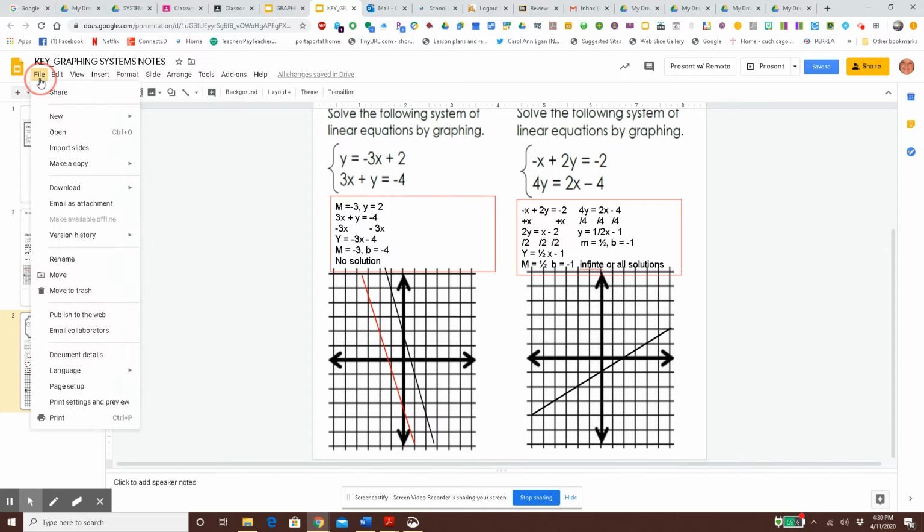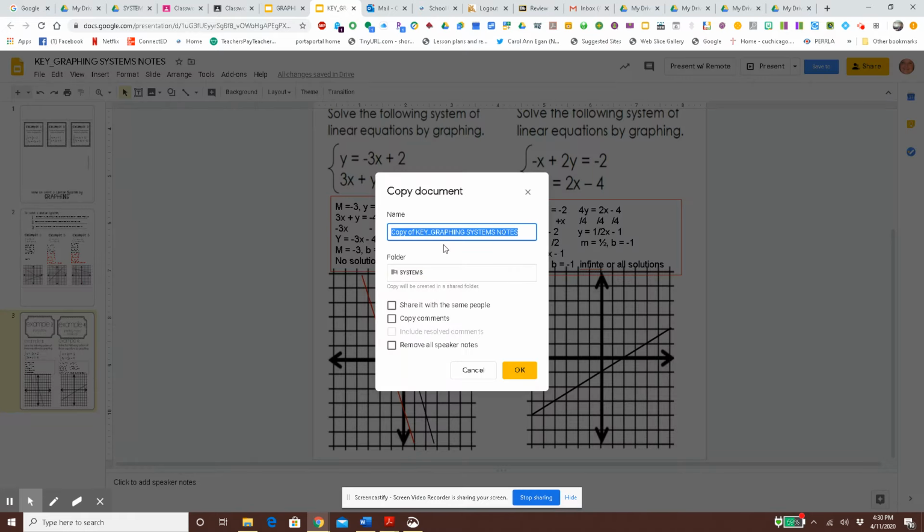Okay, so before you turn this into me, the last thing I want you to do is go File, and make a copy of the entire presentation. Mine, I'm going to name the key, but you could perhaps put your name on it.